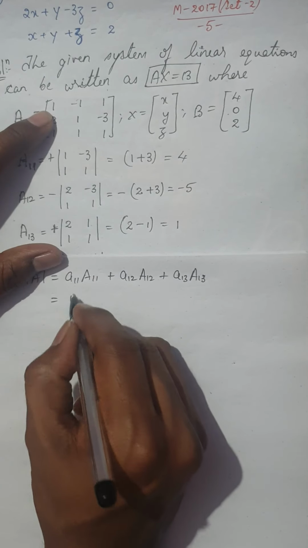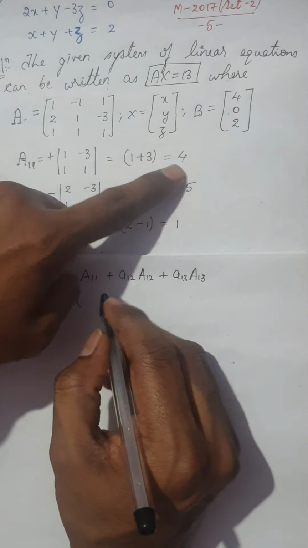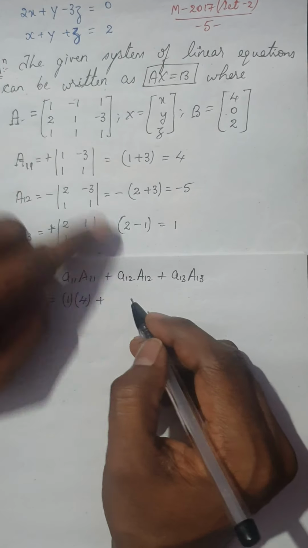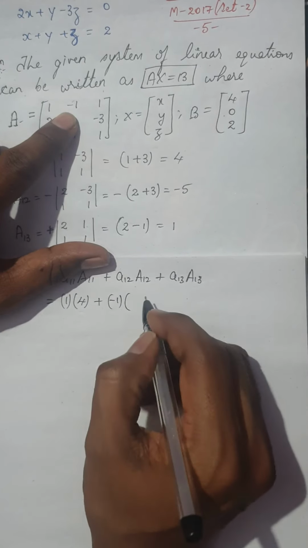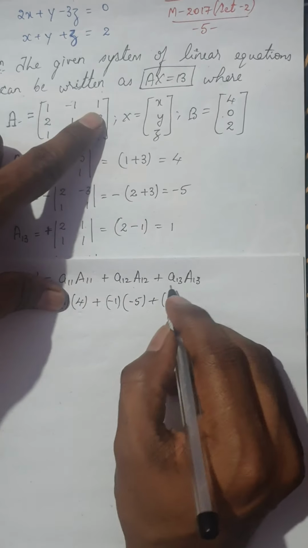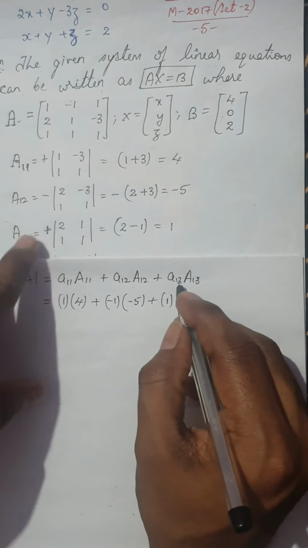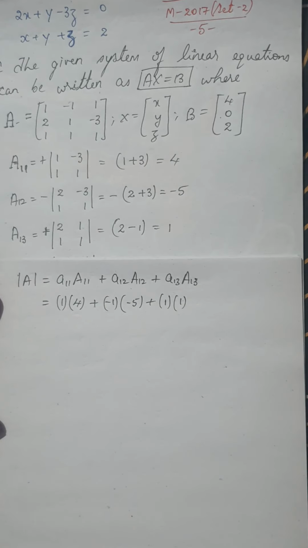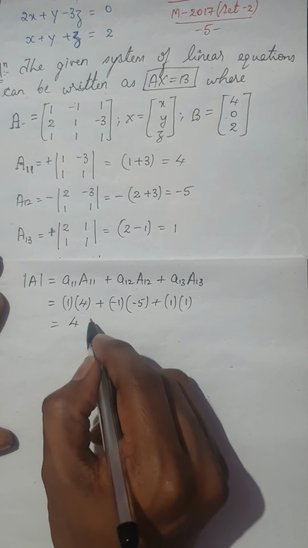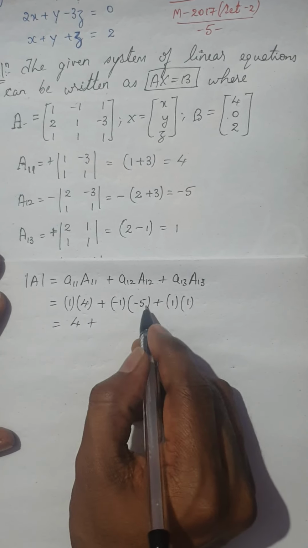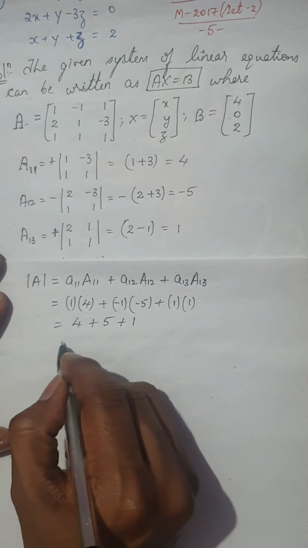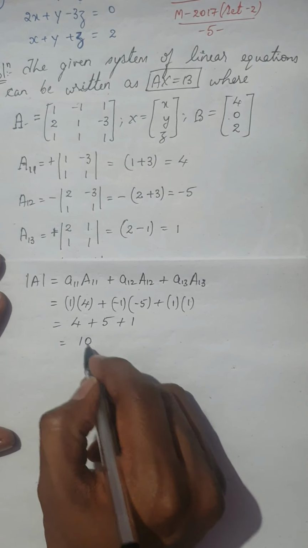So A11 is 1, the cofactor is 4, okay, plus element A12 is minus 1, cofactor A12 is minus 5, plus element A13 is 1, cofactor A13 is 1. This is nothing but, what is 1 into 4? It is 4, plus minus 1 into minus 5 will be plus 5, plus 1 into 1 is 1. This is nothing but 4 plus 5 plus 1 is 10.